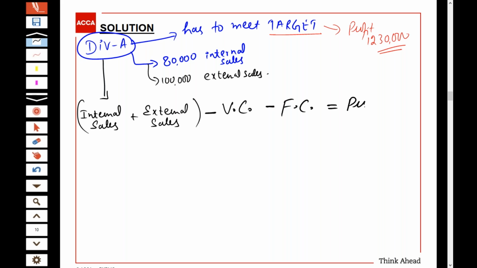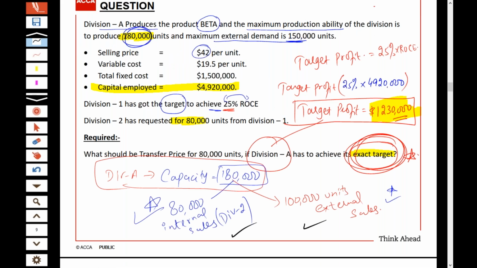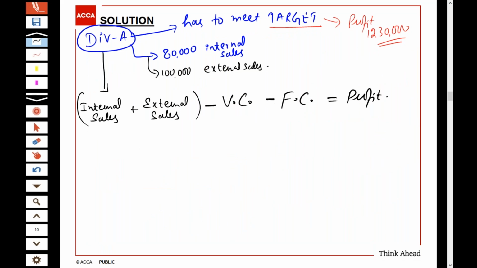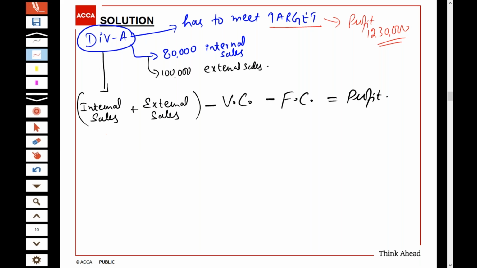Then it would be earning the profit. Now what is the requirement? The requirement is the transfer price for 80,000 units. Something which is unknown in the basic mathematics calculation, we assume it as X. What is the internal sale? Sir, it's 80,000 multiplied by X. X is my transfer price.